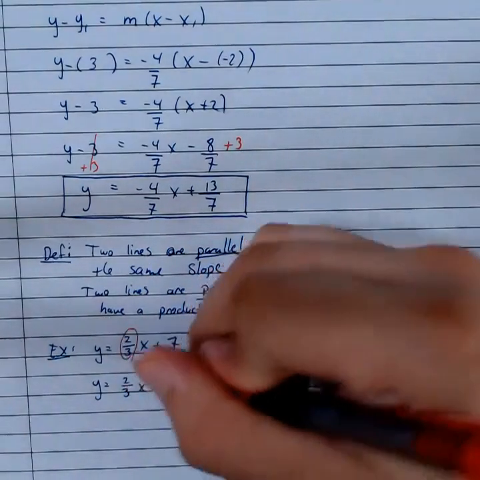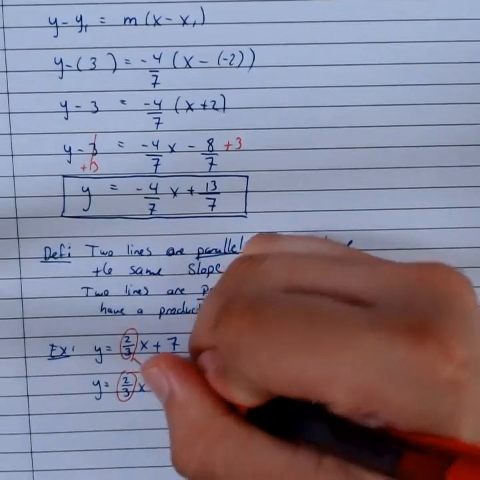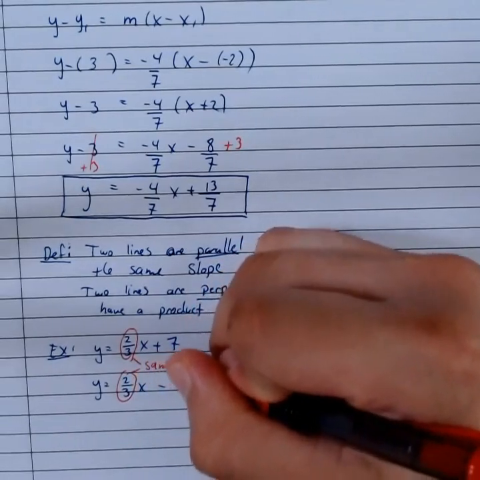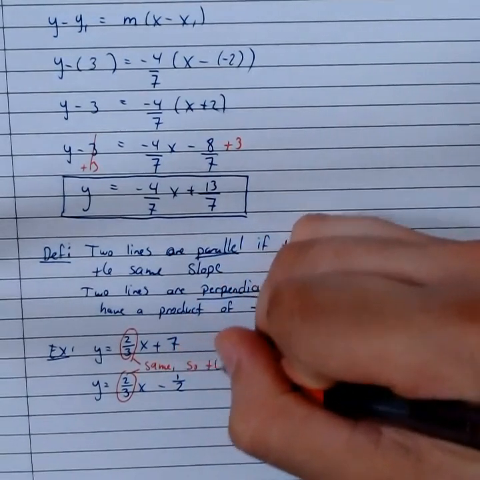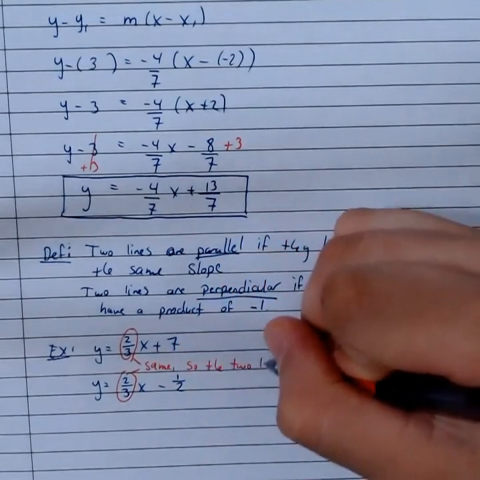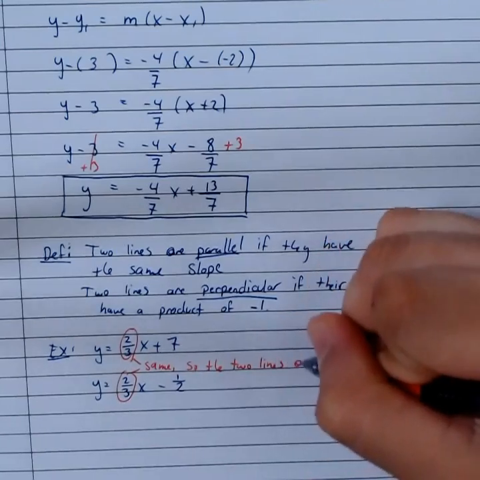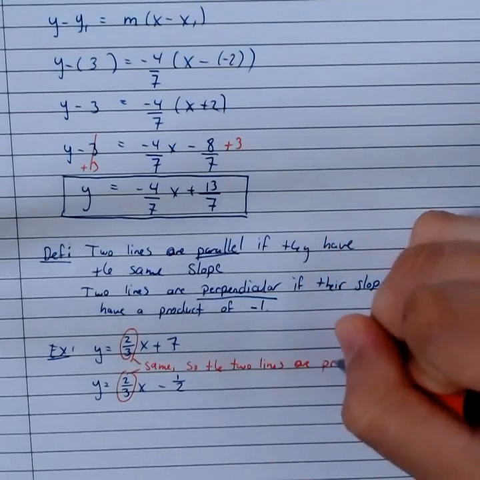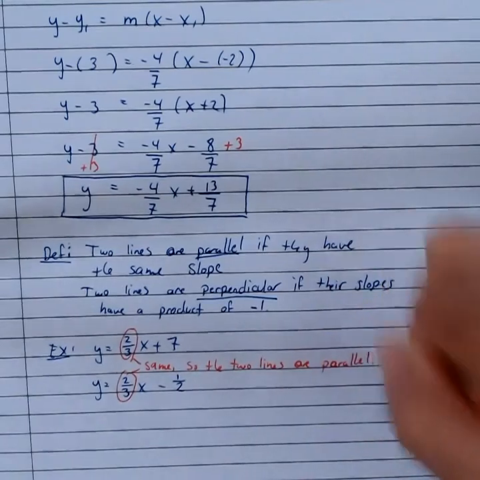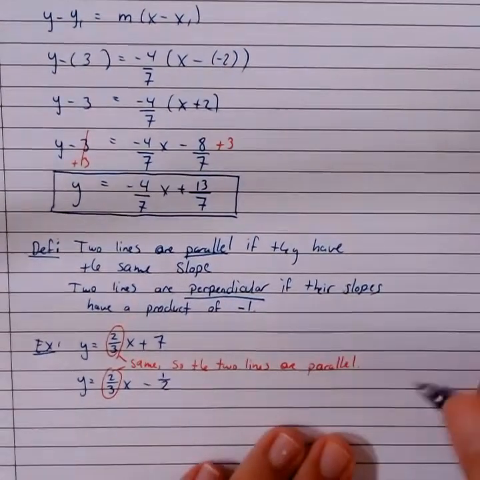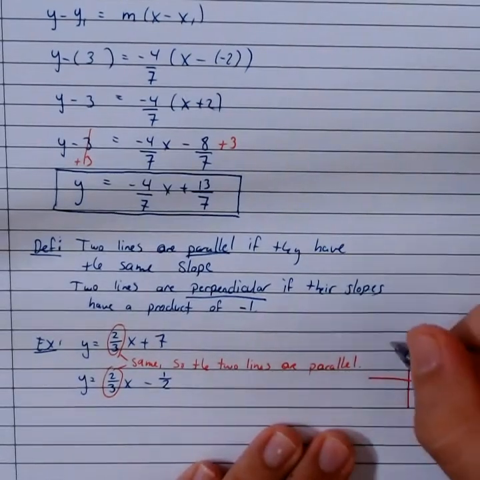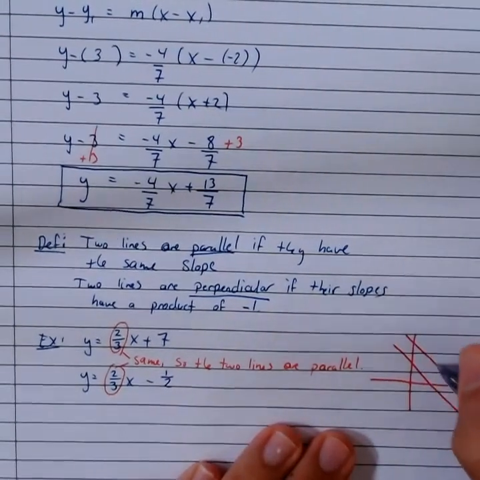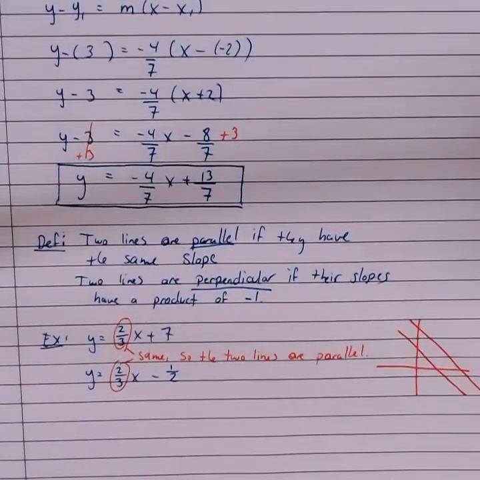But since the two equations have the same slope, the two lines are parallel. Visually, the two graphs are going to run side by side forever. They're never going to get any closer together or any further apart. They're always going to be an equal distance away from each other.